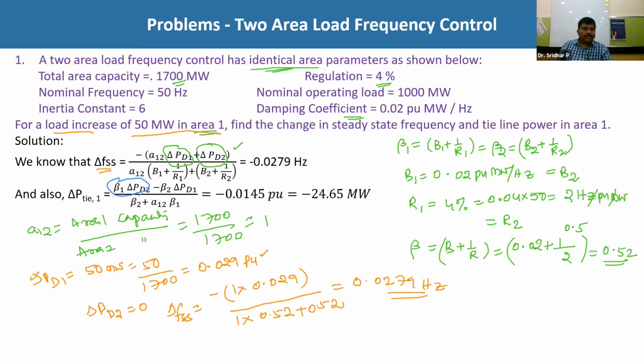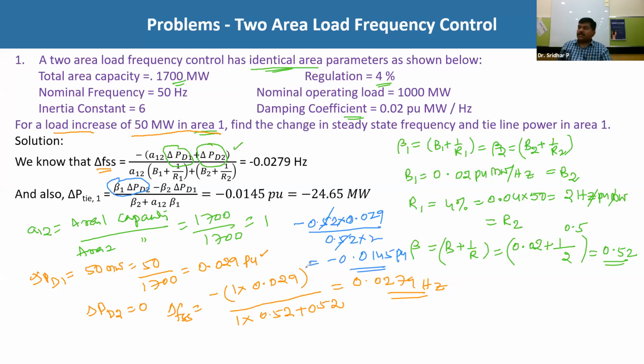Because delta PD2 is 0, the only leftover value is minus of beta 2, which is 0.52, into 0.029 divided by 0.52 into 2. Now the 0.52 gets cancelled. The remaining one is minus half of this value, 0.0145 per unit.